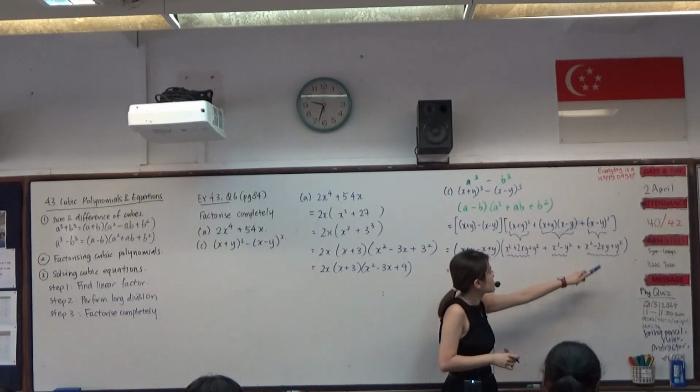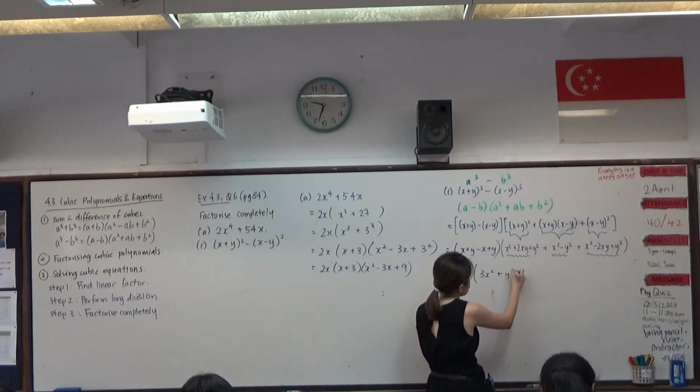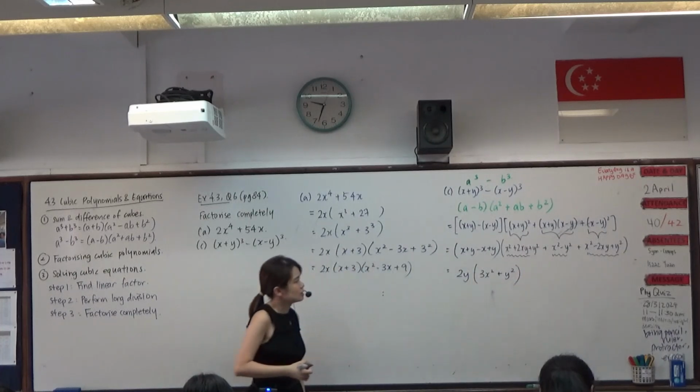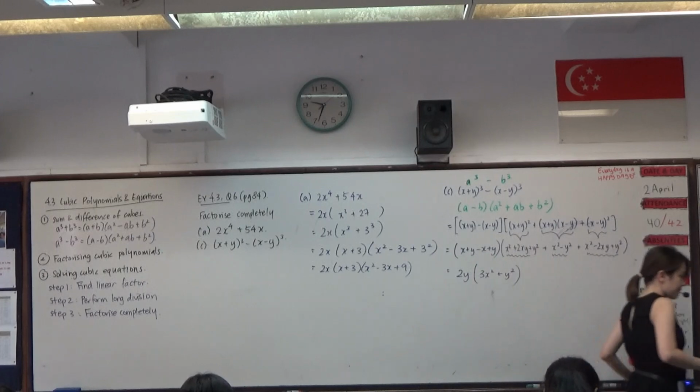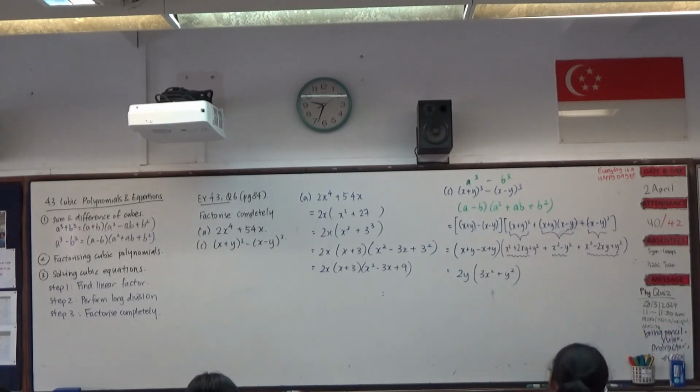Y squared minus y squared plus y squared, again, we get a single y squared. Okay, so for simplifying, we get this. Okay, questions?